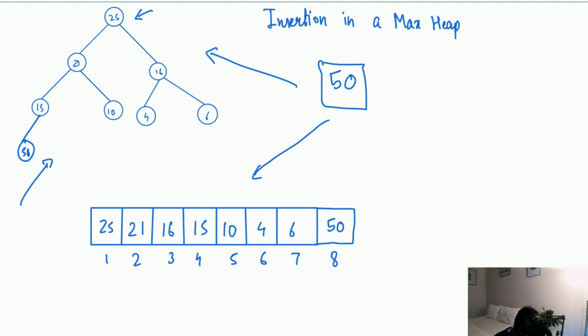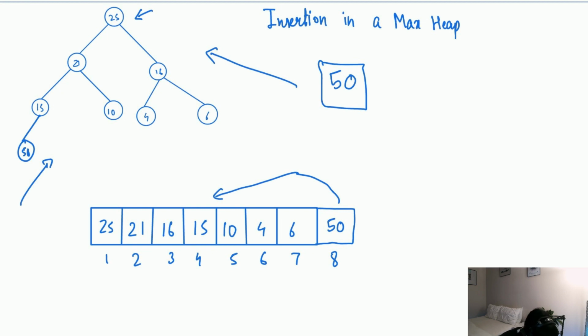To make sure that we get a max heap structure, once we insert an element, we compare the inserted element with its parent, which is 15, and if the parent is lesser, we swap.